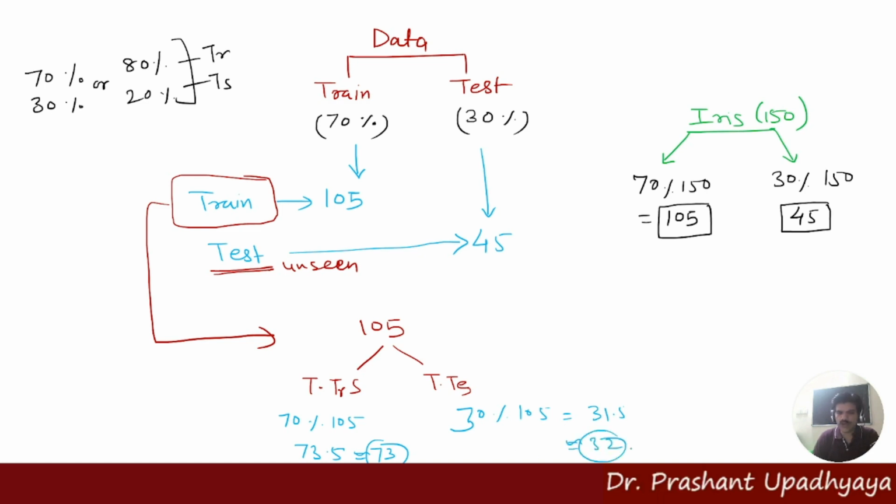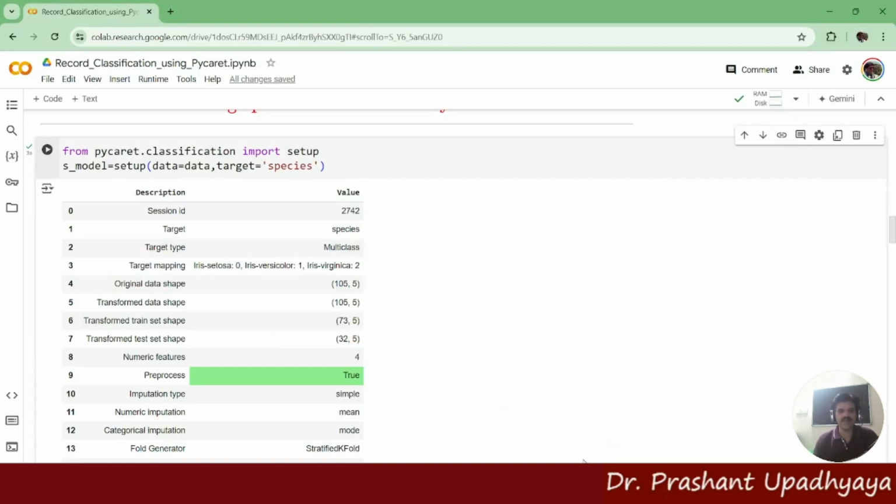So you are going to see that the setup says we will have 73 as the train set and the remaining 32 as testing. So again we are setting up the model, and that model will again use a training and a testing set.